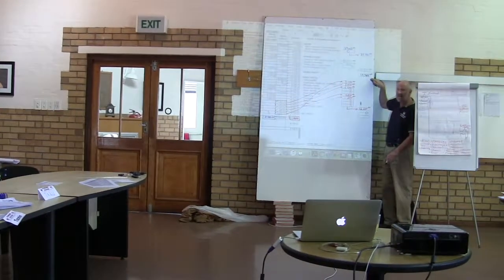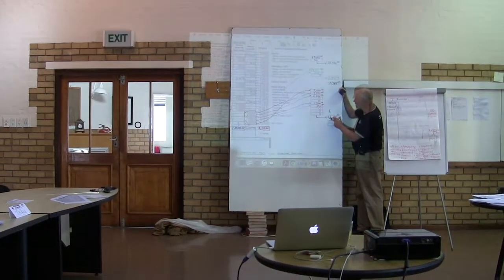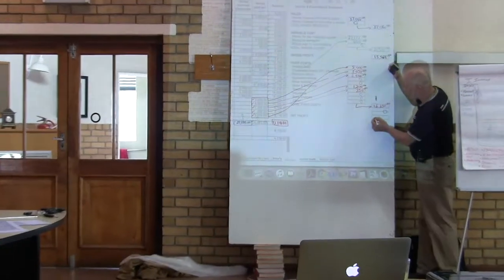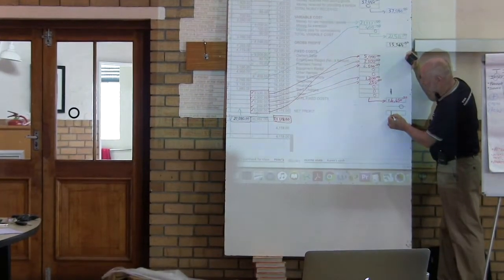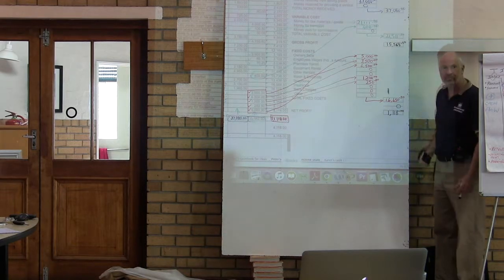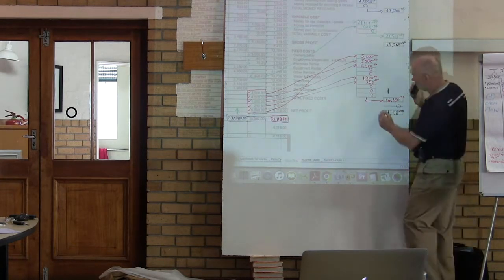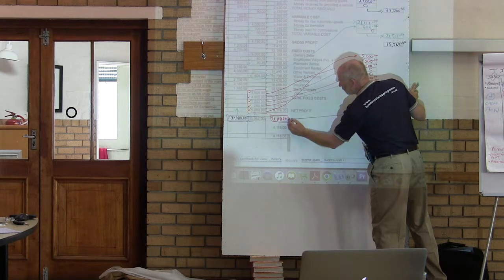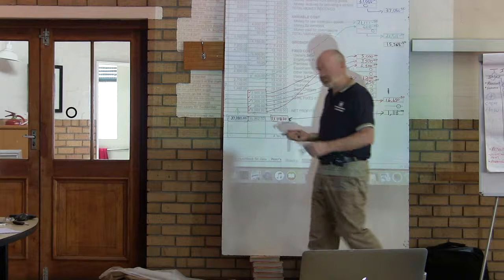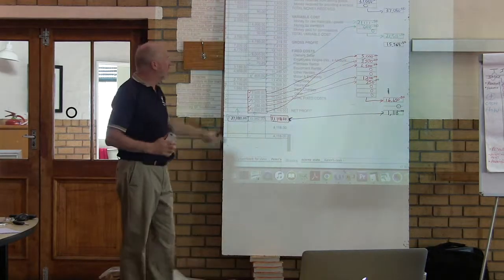So what you do is you take this 15,568 and 50 cents, and you minus from it 14,450 and 50 cents, and what do you get? 1,118. 0, 0. Same amount. So now you know that you've done a good job.